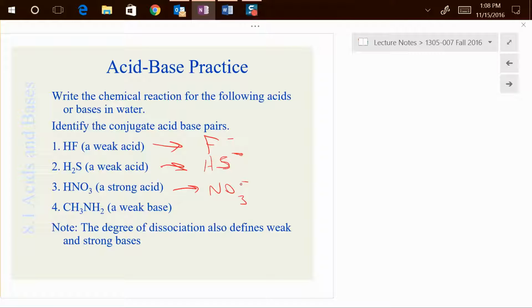So because this is a strong acid, it doesn't actually have really a conjugate. Okay? I mean, if you consider NO3 minus to be the conjugate, it's negligible, because it doesn't really push back. This is a strong acid, right? So you wouldn't really consider it to have a conjugate base. Okay? This is a weak base. What is its conjugate acid?